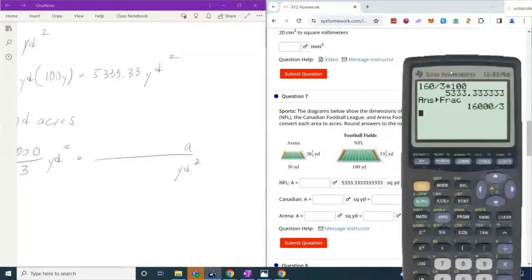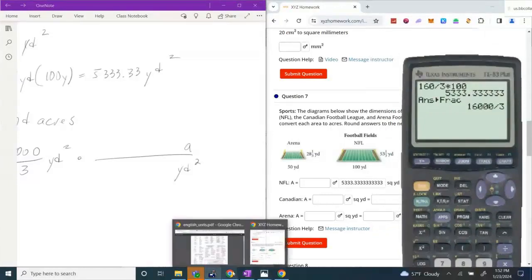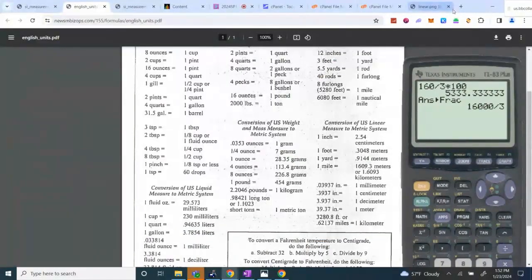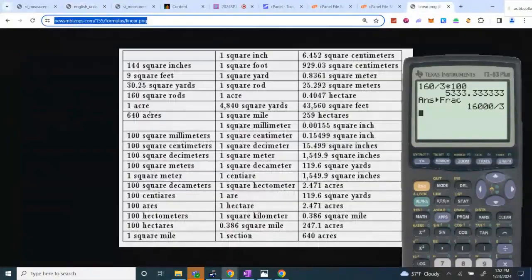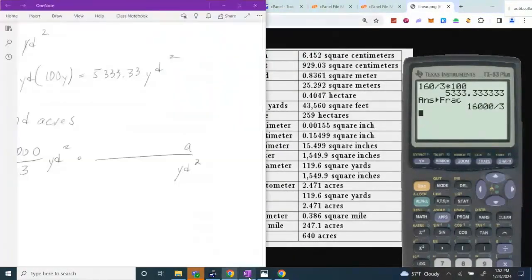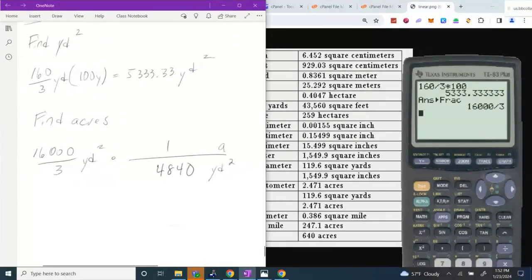So from our conversion, one acre is 4,840 square yards. So now when we multiply, the yards are going to cancel.